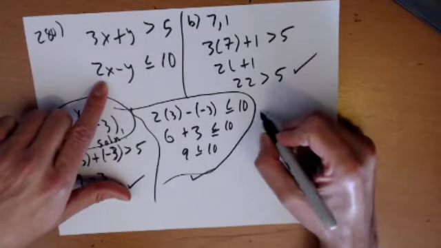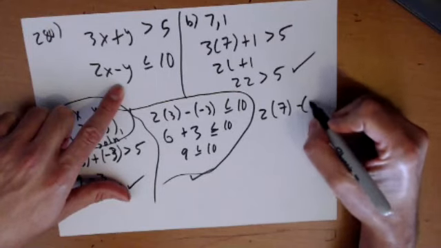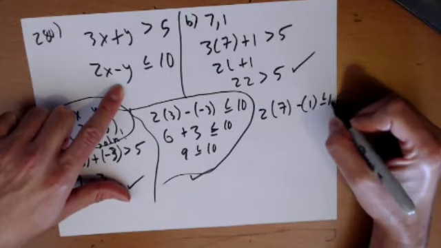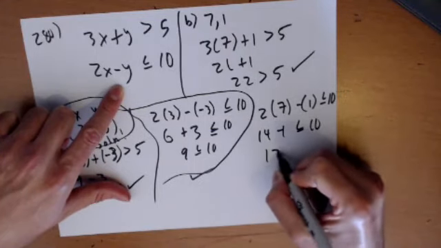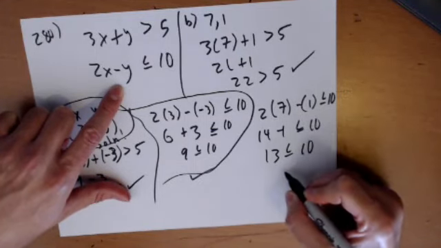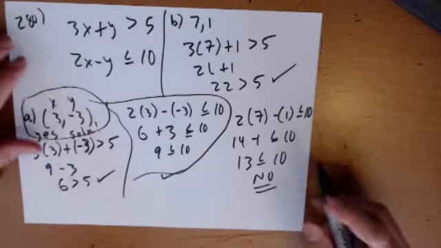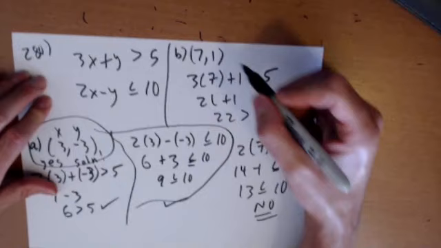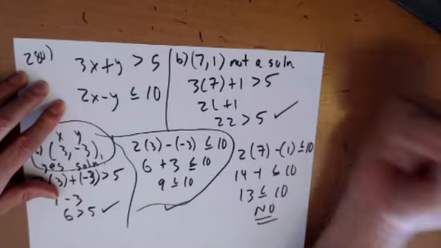Let's try the next one. 2 times 7 minus 1. 14 minus 1. Is 13 less than or equal to 10? No, 13 is more than 10, so no. So (7, 1) is not a solution. Aha!